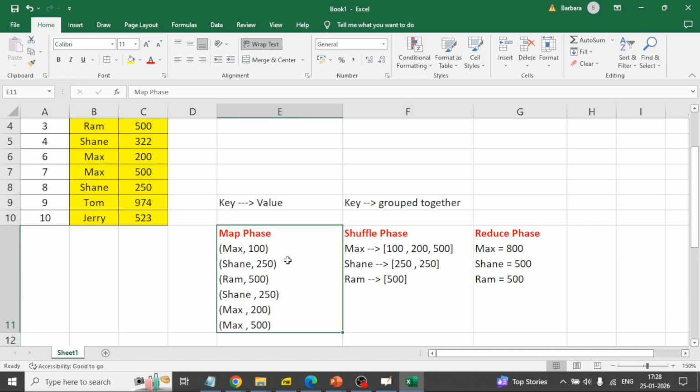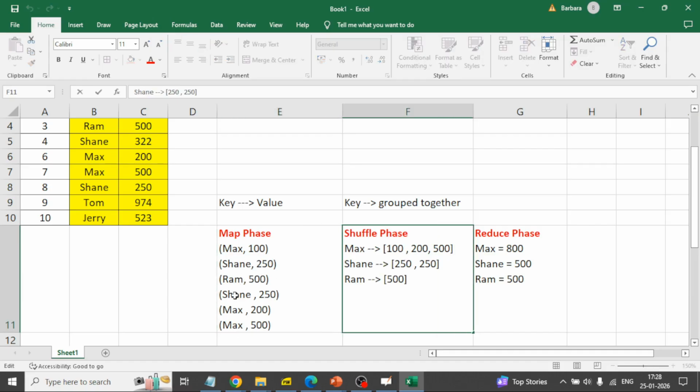Next, Shane, 250. We have one more Shane here, 250. We have Ram. How many Rams are there? Only one Ram, 500. I'm just giving one example. There could be plenty of records here. So with respect to the keys, the values are grouped together into a single container. For Shane as a key, the values are grouped into a single container.